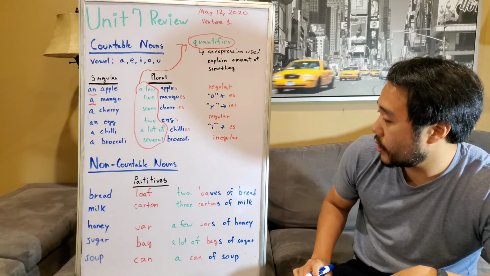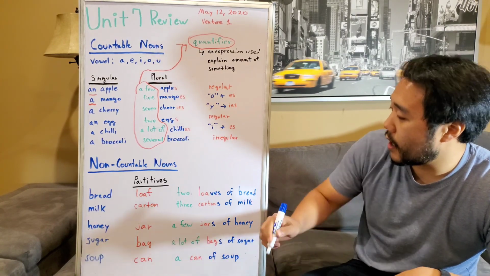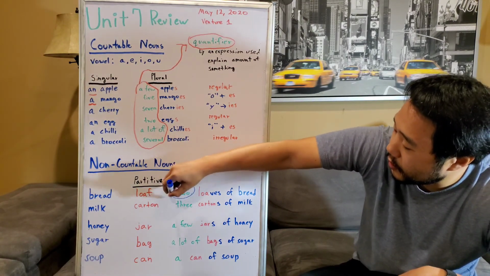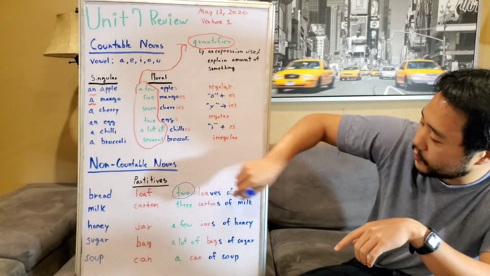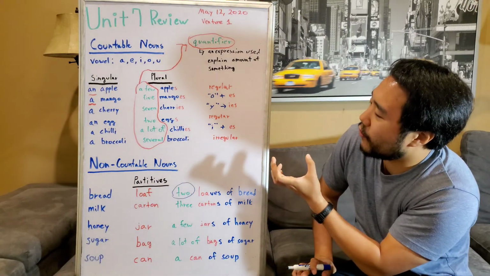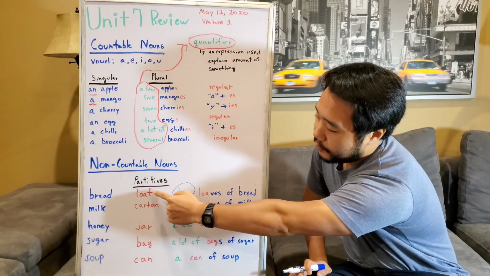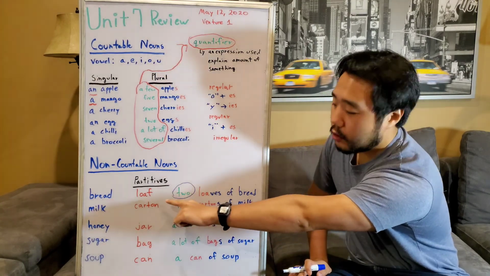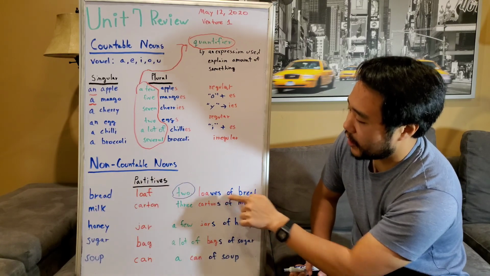So more than one loaves. As I told you, if you want to make a word plural, there's a specific rule. Loaf ends with the letter F, so to make it plural we replace the F with VES.